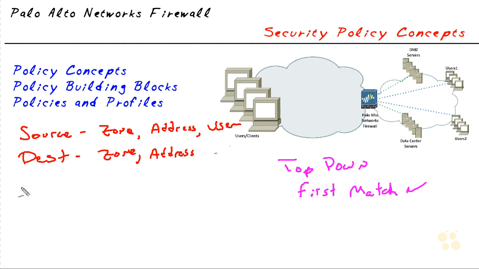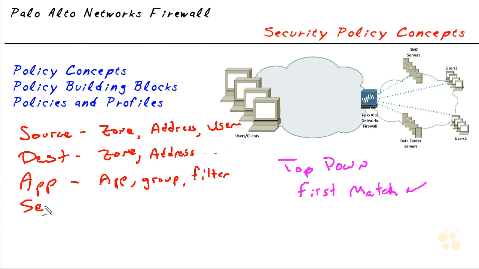We also get into our application. We'll spend more details on this, with an upcoming nugget on App ID, which gets into the very specifics of it. But we have the app itself. So we'll just say app, group, or filter. There are lots of ways to describe what an application is.